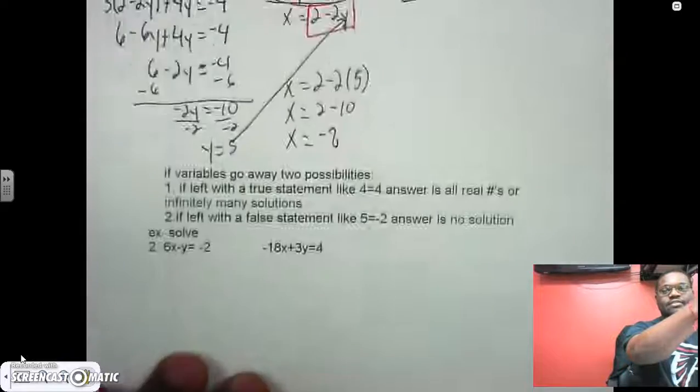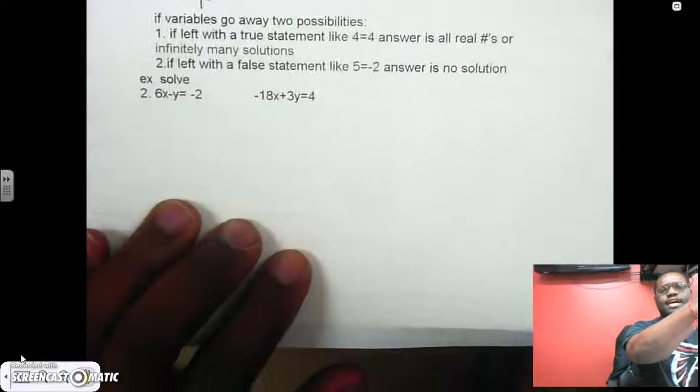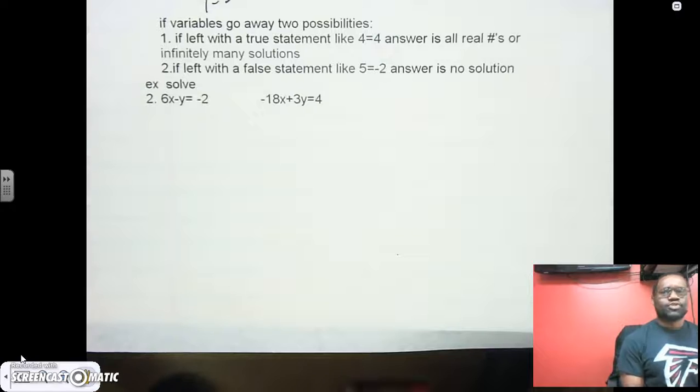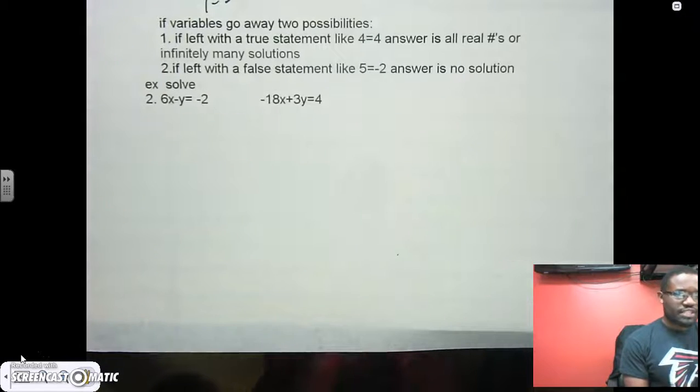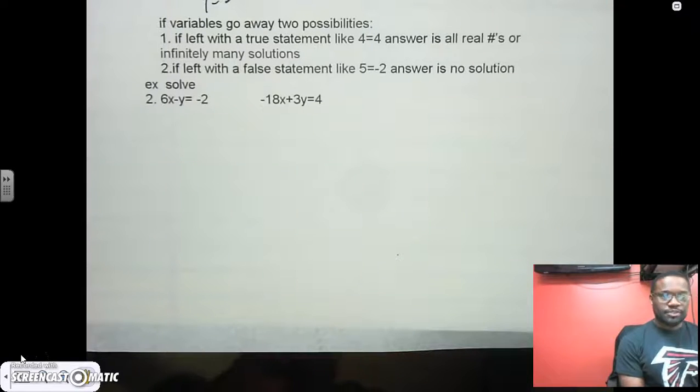Now, the next thing I have on here is sometimes you have special situations where when you're doing this, all your variables will subtract out. And when that happens, you have one or two options.